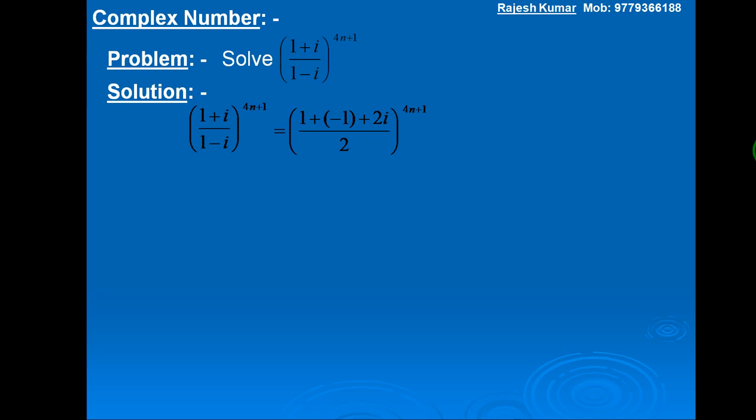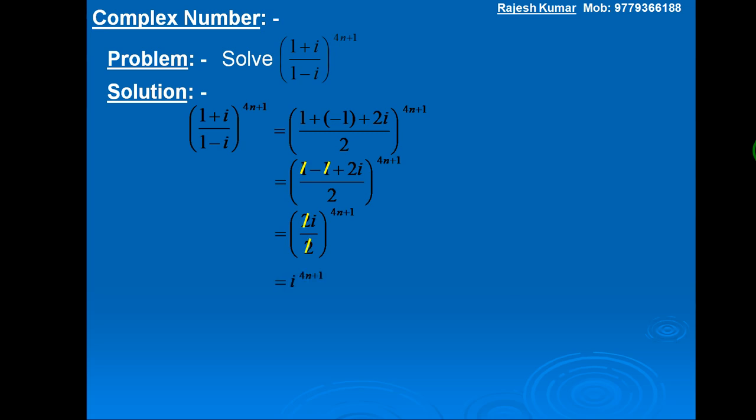Now plus into minus becomes minus, so this becomes equal to (1 minus 1 plus 2 iota upon 2) whole power 4n plus 1. Now 1 minus 1 cancel each other. So we get equal to (2 iota upon 2) whole power 4n plus 1. Again 2 and 2 cancel each other.